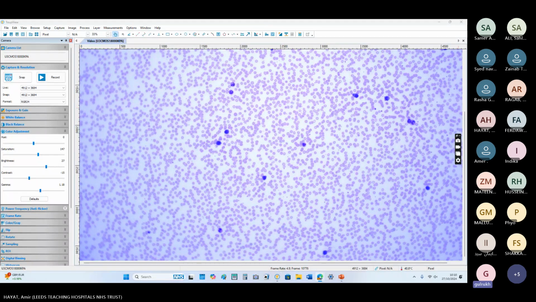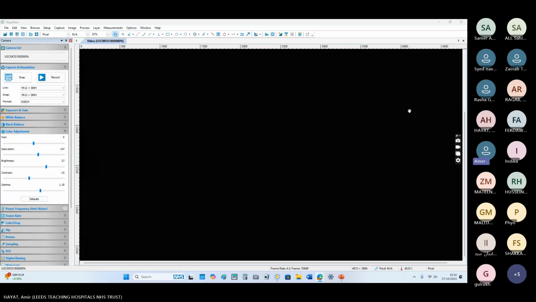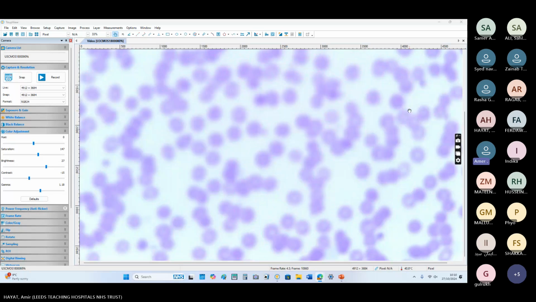The RBCs and platelets seem to be normal with slight rouleaux formation in the RBCs, and I can appreciate plasmacytoid lymphocytes in the blood film. I will make it power 50 to make it more clear for you.